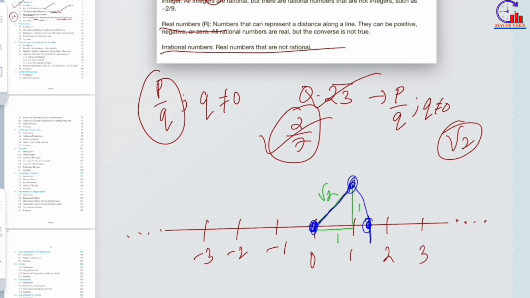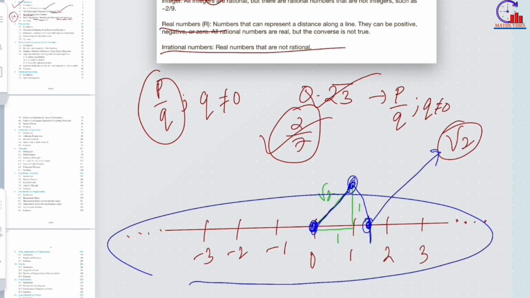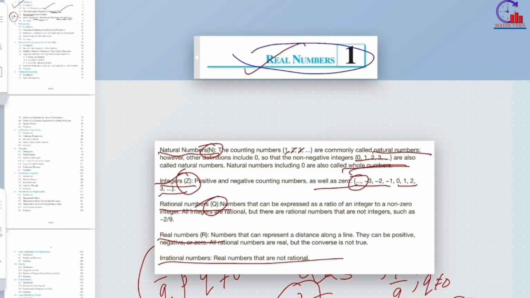Any number, irrational number, rational number, integers, any numbers that can be found on a number line, these are real numbers.